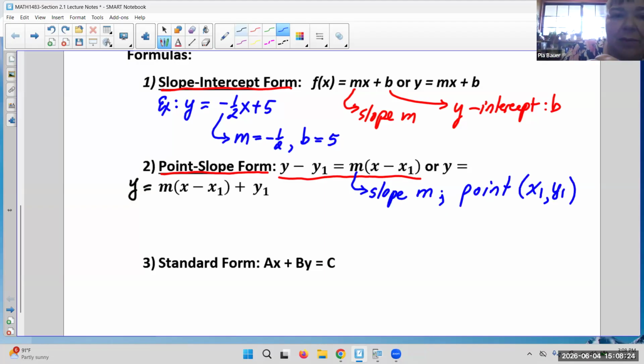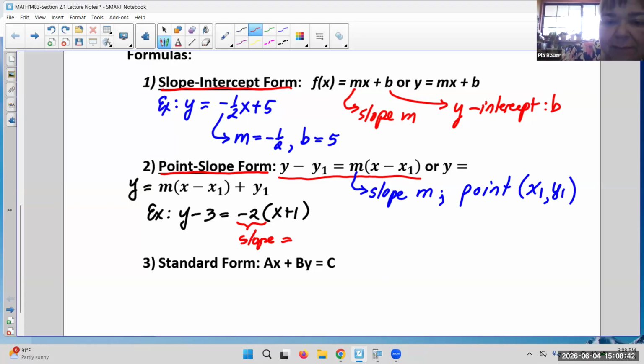So say, for example, that you are given this equation, y minus 3 equals -2 times x plus 1, and you're asked to find the slope. This is still the slope. The slope m is -2. And you're asked to identify a point on the line.